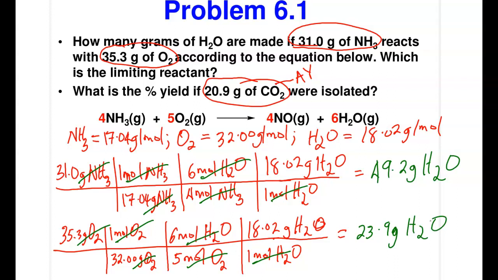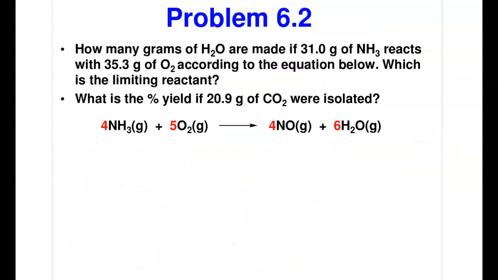Now, I think we're coming to the decision time. Between these two numbers, this is the lesser number. Of course, the lower number will give us the theoretical yield. So now, what it means is that my theoretical yield is 23.9 grams of H2O.